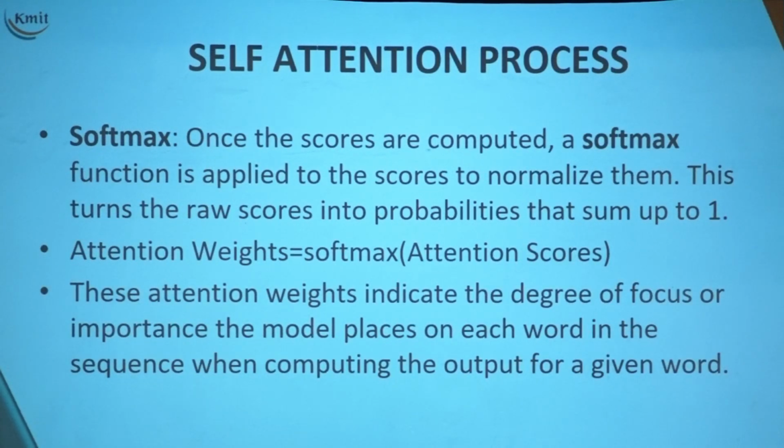Softmax function, once the scores of attention are computed, you apply the softmax function to normalize them, that is put it into the range of 0 to 1, that is your probabilistic range. Finally, you calculate your attention weight and it indicates the degree of importance that you have to give to the words that are present in your input sequence.